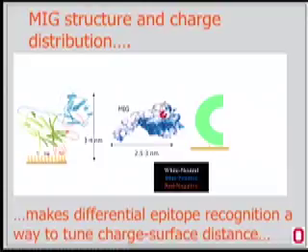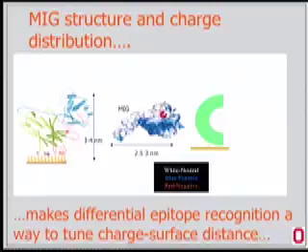Okay, another way in which you can take advantage of this, I'm going to fill this in a little bit. This is a model of MIG, and what this shows is the white residues, it's a space-filling model, are uncharged amino acids. The blue residues are positively charged, the red residues are negatively charged.